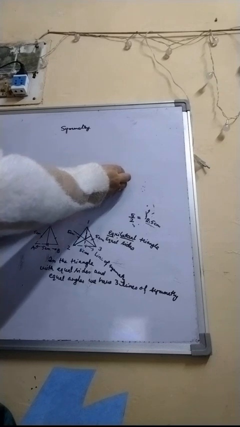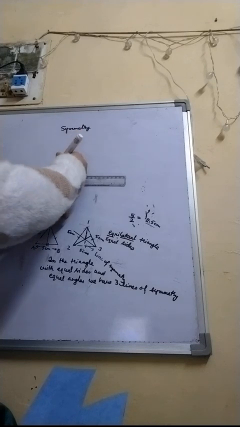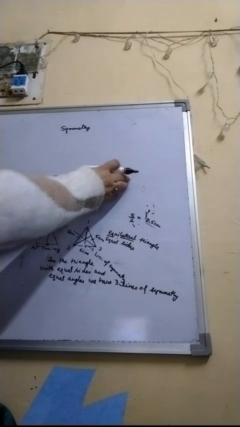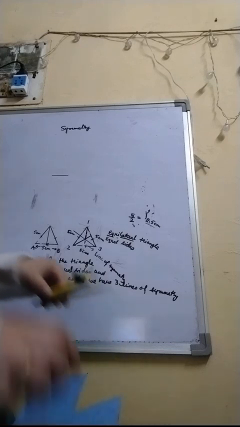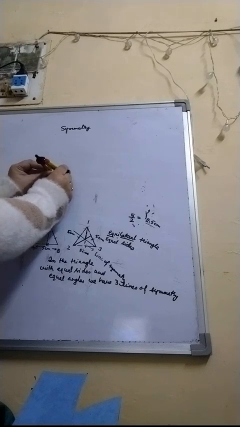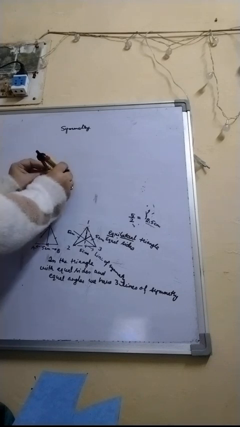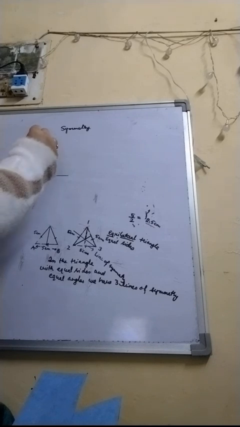For drawing the hexagon with equal sides, first let's take a 4 centimeter side and then we make it with compass. How to draw a hexagon? Just look over it. Open the compass for 4 centimeter and first draw an equilateral triangle.